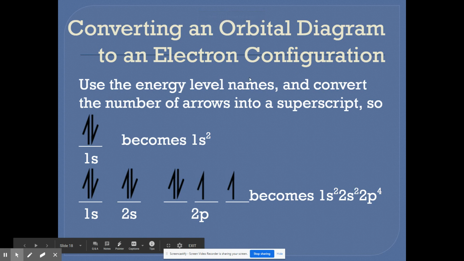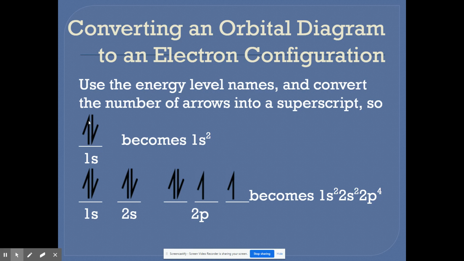The next step is to convert the diagrams into an actual electron configuration that we're writing. So the energy level names, we're going to use those, and then the arrows become a superscript. So 1s, we still use 1s, and then how many arrows you have here becomes the superscript.